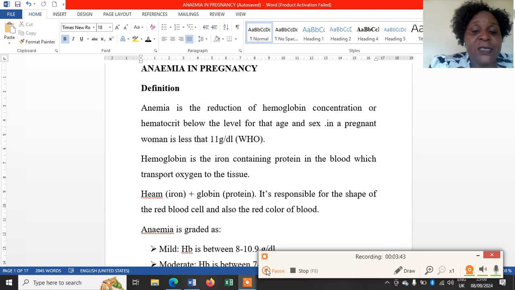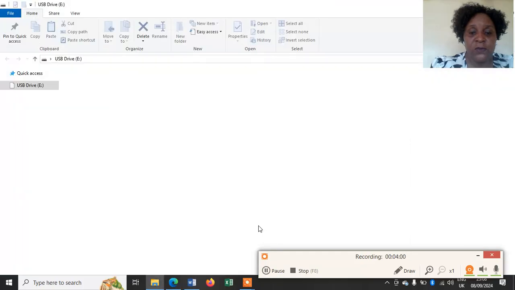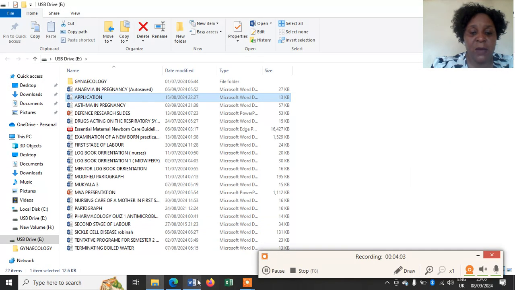And if it is less than 11 grams per deciliter, if pregnant, we shall say that this mother is anemic. So that is in brief what we call hemoglobin and the level of anemia, or what we call a hematocrit level.